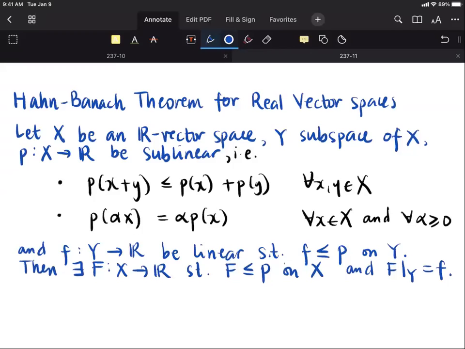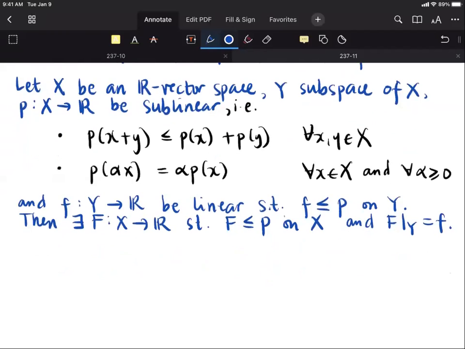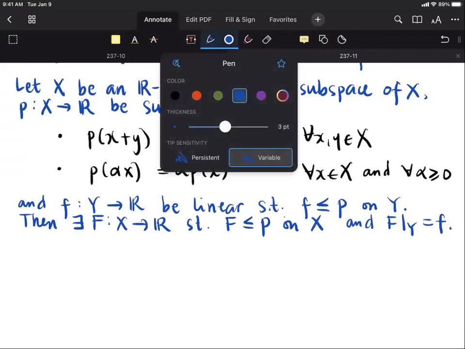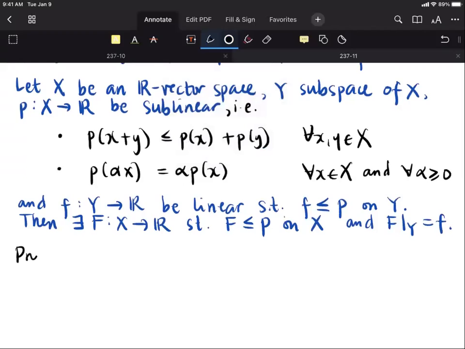So let us look at the proof of this theorem. Of course, we may suppose that Y is not equal to X. Otherwise, there's nothing to prove.